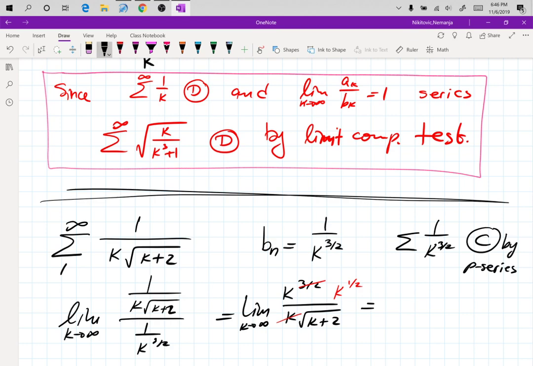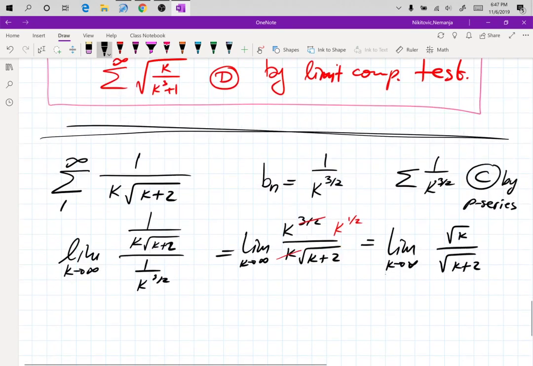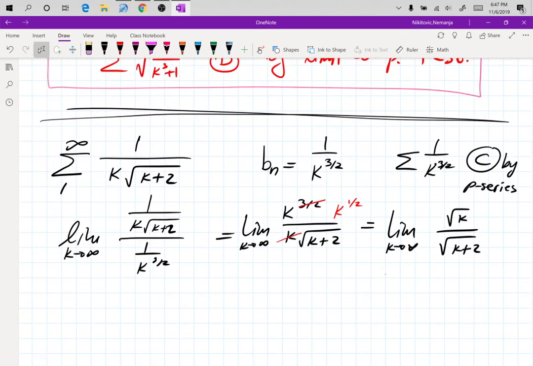So now we have limit k goes to infinity of square root of k divided by square root of k plus 2. Now, it's clearly 1, but let's work it out. Those of you who follow algebra know that you can combine this into a single square root.